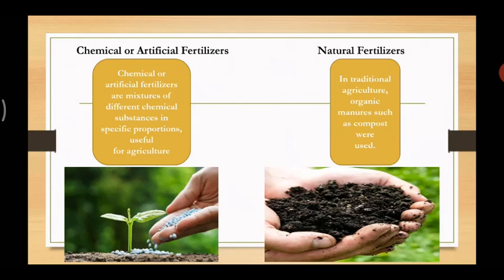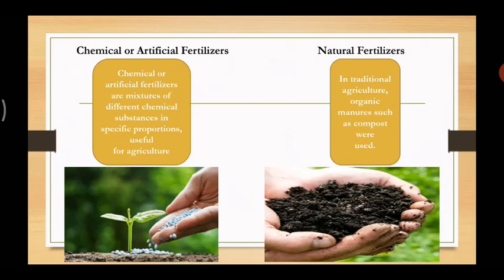What are chemical fertilizers? Chemical fertilizers are fertilizers where there is a mixture of different chemical substances in specific proportion, and they are useful for agriculture to give higher yield. They are useful to grow the crops.